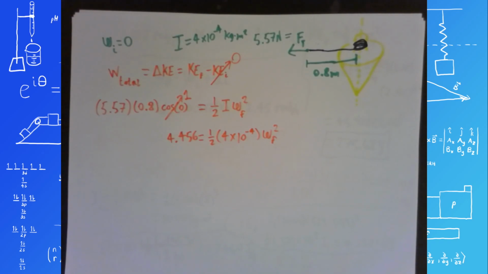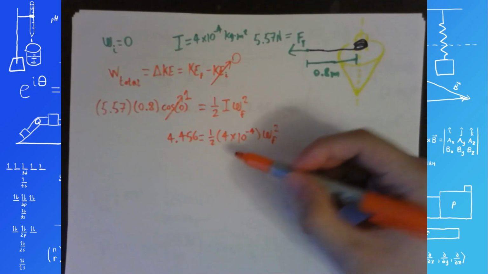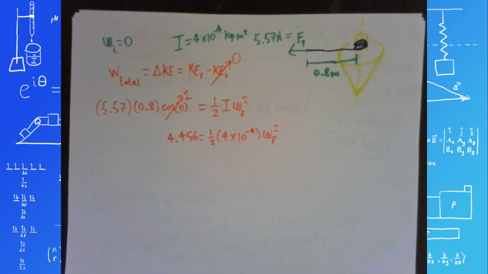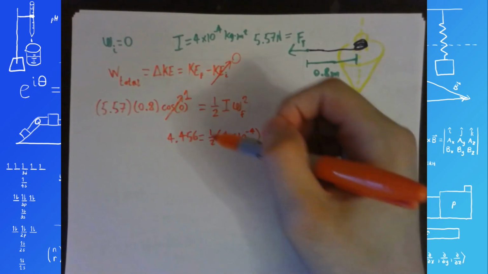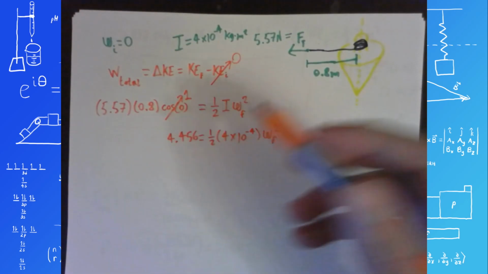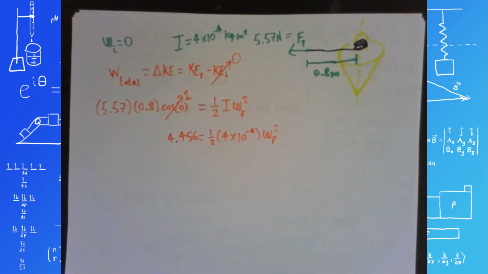So times 2, and then divided by parentheses 4 times 10 to the negative 4. Do not forget your parentheses when dividing by a product. If you forget the parentheses, then what it'll do is it'll divide by 4 and then multiply the result by 10 to the negative 4, which is not what you want. Be careful with your calculators.